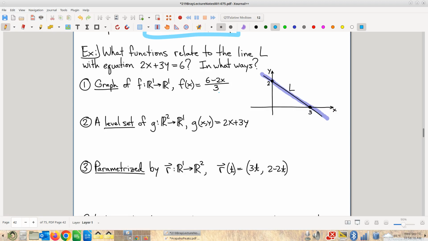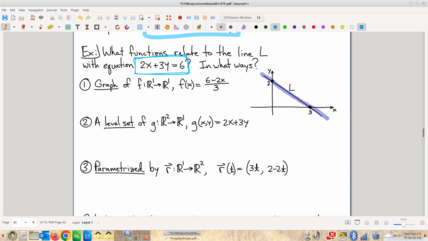The tricky part here, what makes these questions challenging, is you have to use the terminology strictly, right? If I ask you for a function whose level set, one of whose level sets, is this line, and if you write down this equation, that is not a function.